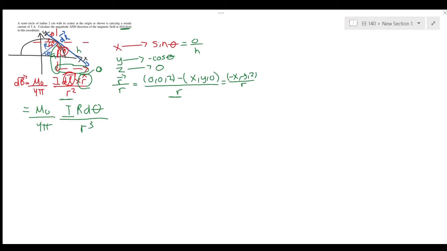And then we're going to have a matrix for our x, y, z coordinates. So we have sine theta, negative cosine theta, 0, negative x, negative y, and z.